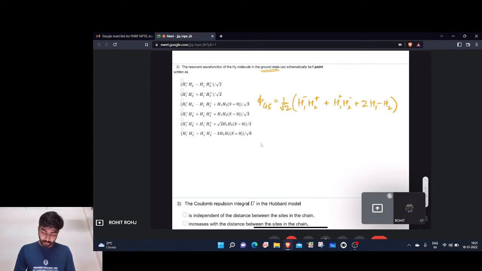Now let's find out what the resonant wave function for the hydrogen molecule will be. For sure it is not the first two, because these are nothing but the singlet and triplet states, the original ones. And the ground state does not consist of all of them; there are a total of 6 configurations, out of which 4 are in the ground state, so the sixth will not be correct.